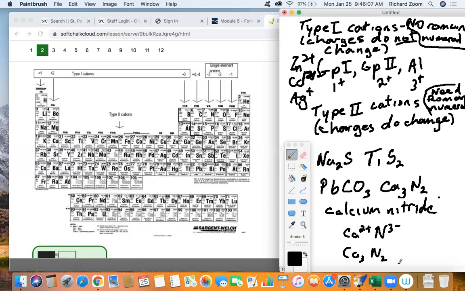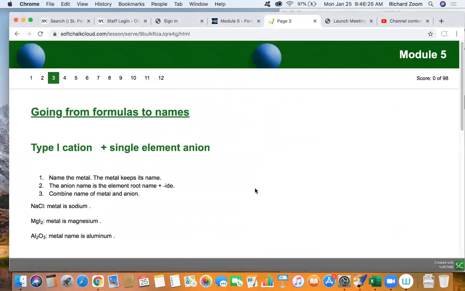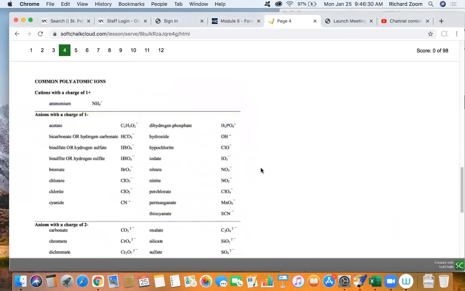Yeah, I do actually. Does this module include the special types of naming, like sulfite? Is this module, or is that? No, it is this module. But the thing is, you've got the polyatomic ion sheet available to you during the test, so you don't have to memorize any of that.